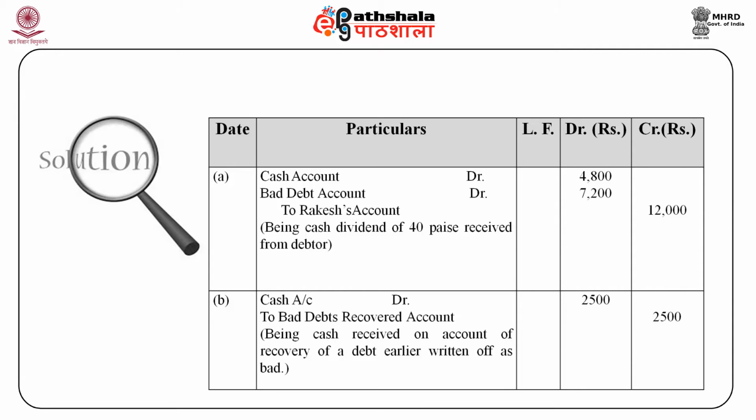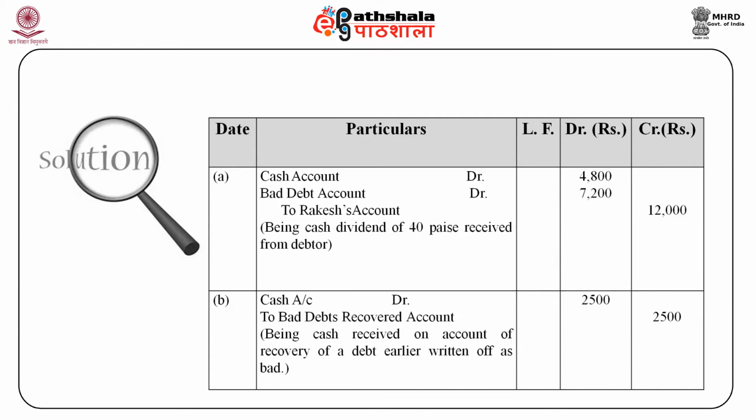The entry to this is as cash account and bad debt account debited with 4,800 and 7,200 respectively. And Rakesh account credited by rupees 12,000. Because in this case 4,800 has been recovered from the bad debt.